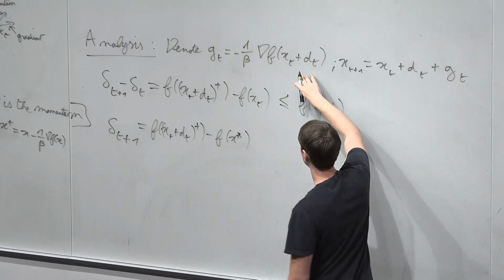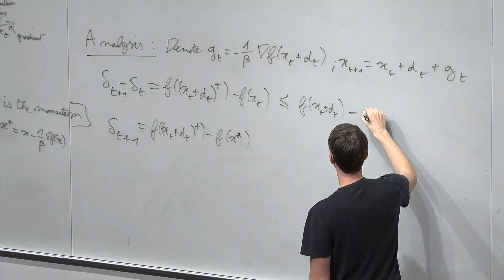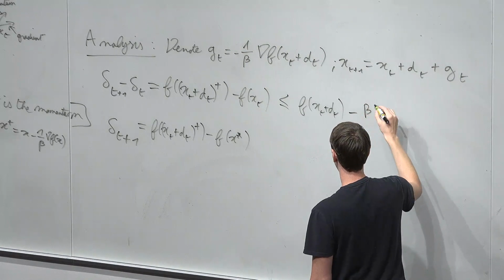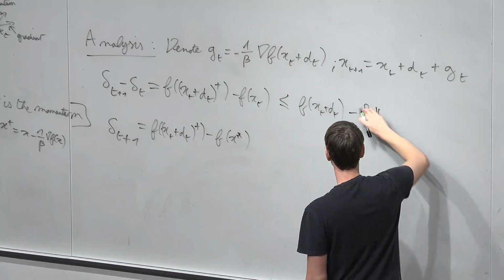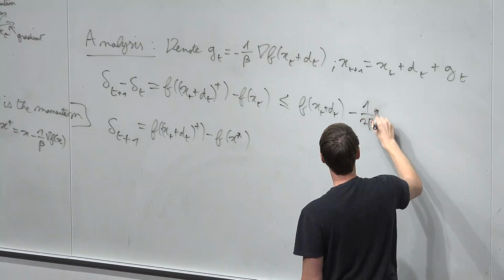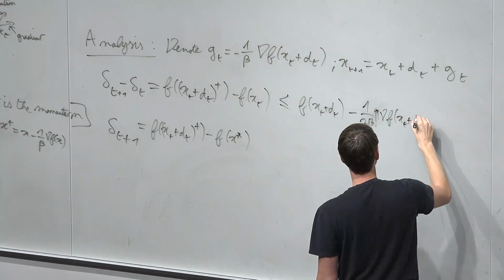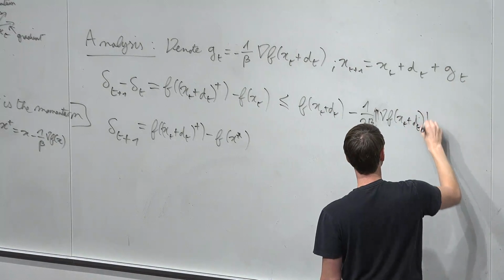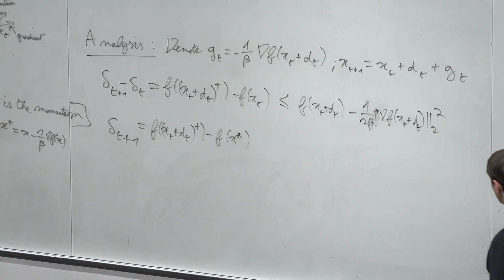So it gives me minus 1 over 2 beta, norm of grad f at x_t plus d_t squared, minus f of x_t.